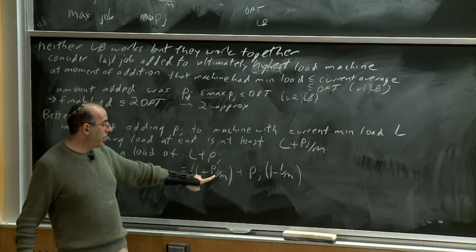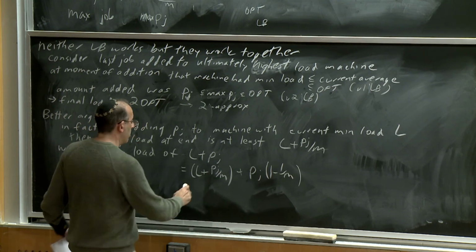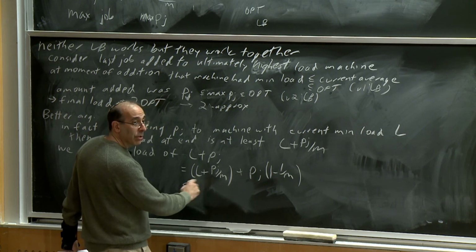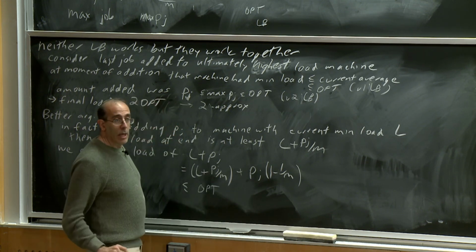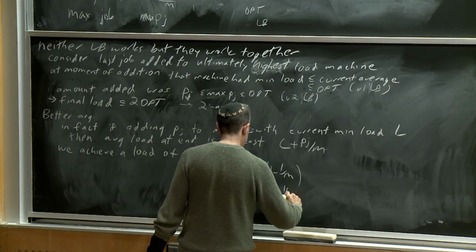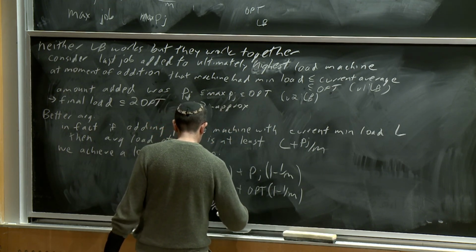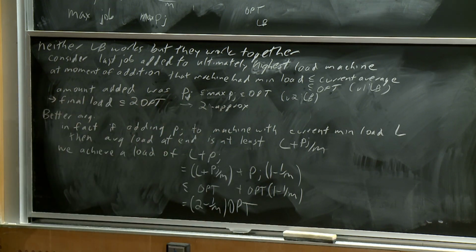I just broke up the Pj into a Pj over M and a Pj times 1 minus 1 over M. But this is the final average, or a bound on the final average, so this is less than the optimum. And we also know that Pj is less than the optimum. And so we put these together, and we find out that Graham's rule is actually achieving 2 minus 1 over M times the optimum, and not just 2.